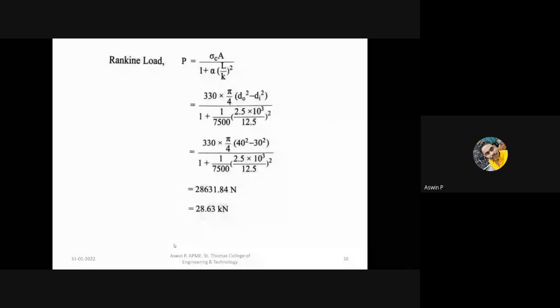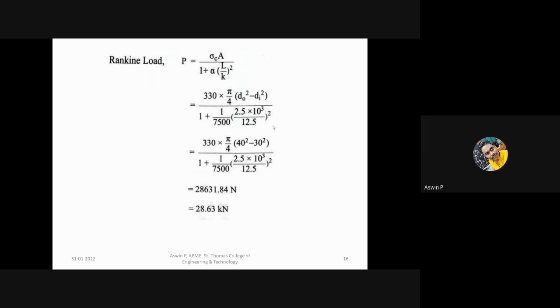That means both equations are suitable for this type of problem. So by looking at the answer itself, you can understand that a 2.5 meter long steel column will be a long column. So they are asking what is the minimum length of column for which Euler's equation is applicable. That is what we want to determine.